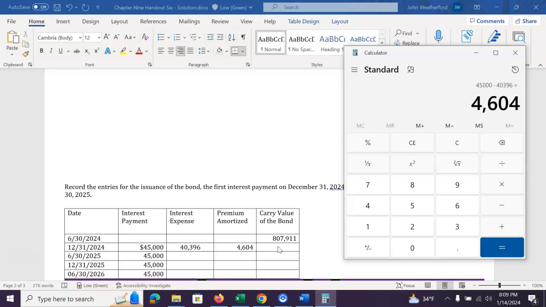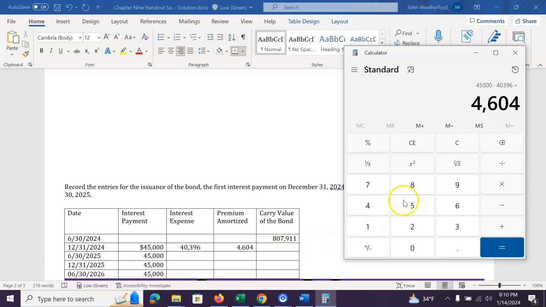I didn't mention this in the last video, but had we carried it out the entire way for all 10 interest payment periods, the carrying amount will always end up being equal to face amount. So that should make sense, right? As we amortize the premium, it decreases the carrying value down to the face amount. But as we amortize a discount, it increases the carrying value up to the face amount.